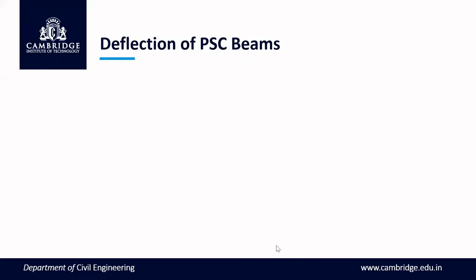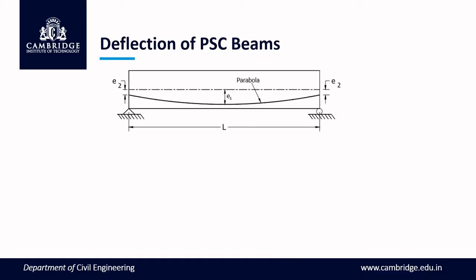Now, what if we have an even more challenging tendon profile, something which looks like this, wherein the central eccentricity would be equal to E1 and the eccentricity at the supports would be equal to E2.